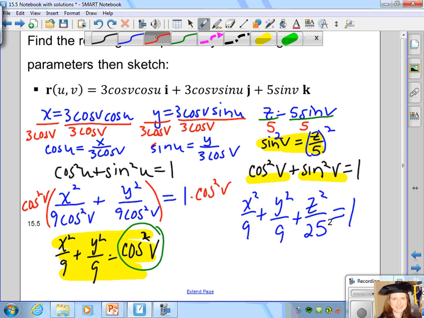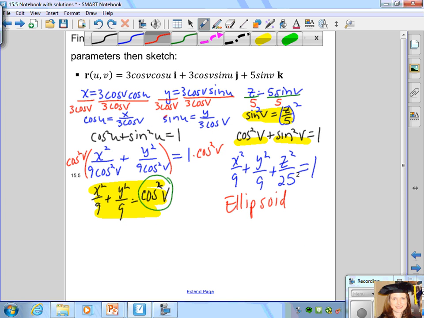Now, hopefully you recognize this as an ellipsoid, where all the cross sections, all the traces, are ellipses. So to sketch this in 3 dimensions, you're going to go 3 units in the x direction.